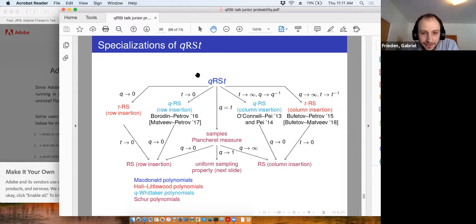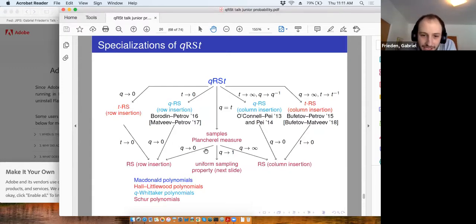But then we also have this other thing we can do, which is to set q equal to t. And if we set q equal to t, then we reduce to Schur polynomials. So in that case, our algorithm is giving a whole family of algorithms that sample from the Plancherel measure that depend on this single parameter q.